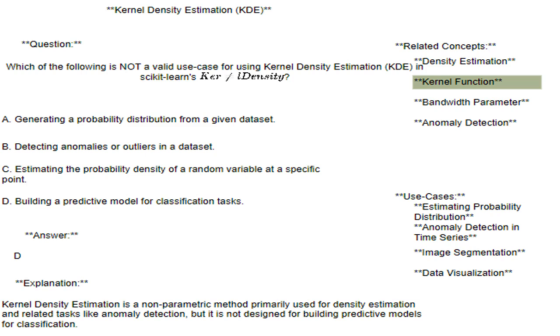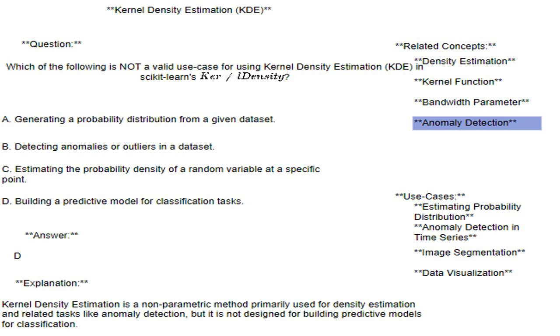Different kernels influence the outcome of the estimation. Bandwidth parameter: the bandwidth controls the smoothness of the density estimate. A larger bandwidth results in a smoother but less detailed estimate, while a smaller bandwidth leads to a more detailed but potentially noisy estimate.